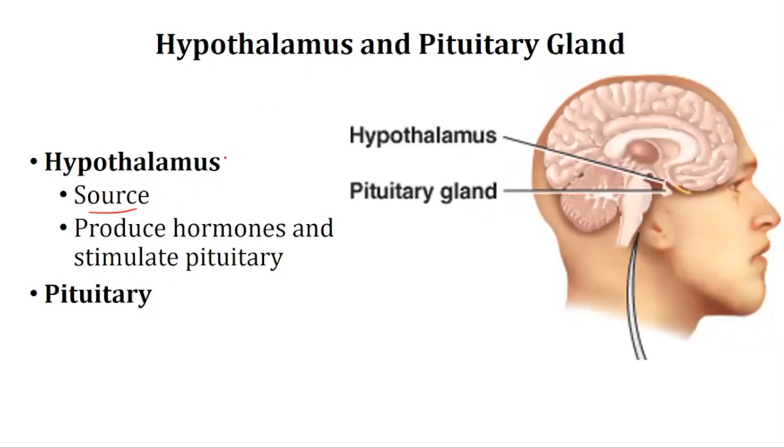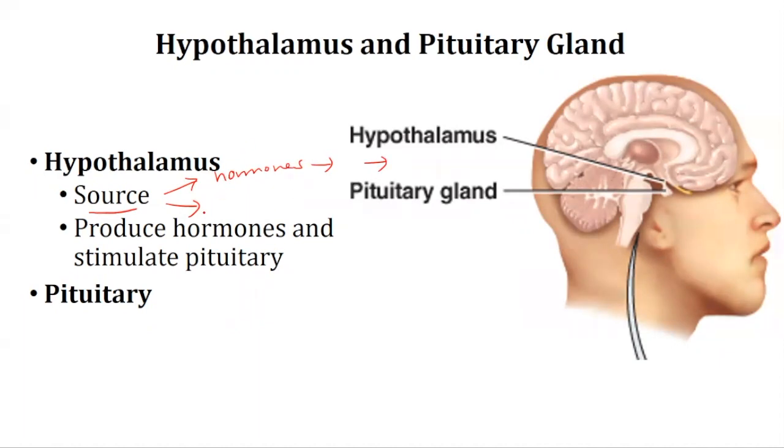There are two ways. Hypothalamus can produce hormones that are going to be released directly into the pituitary gland. And those can travel to the target organs and elicit responses there. So hormones that are produced by hypothalamus are just going to pass by the pituitary and then travel to the target organ.